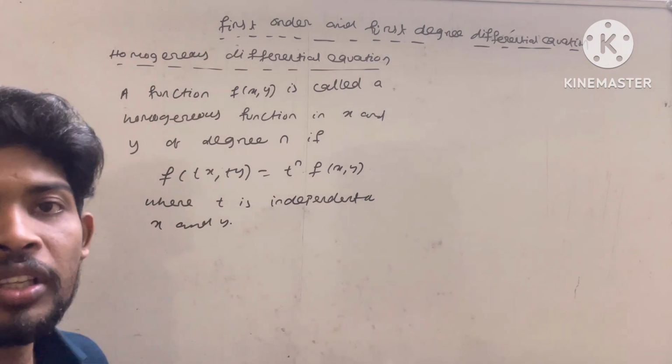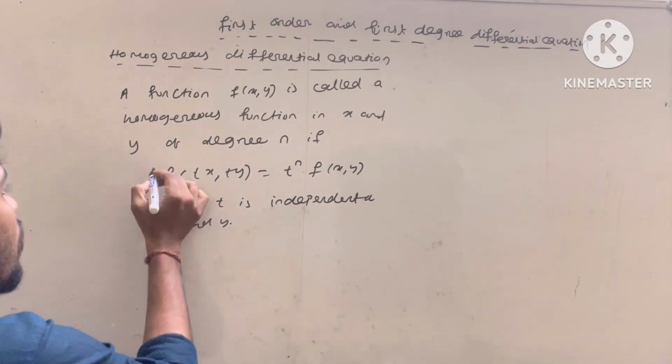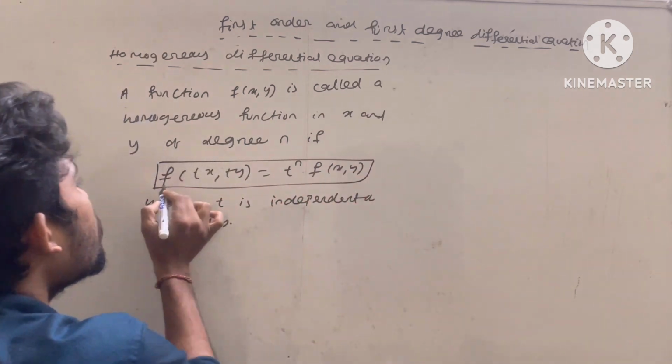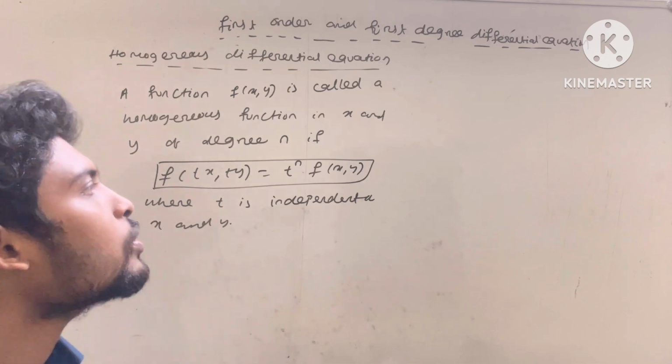Okay, the definition is quite simple. A function is homogeneous if f(tx,ty) is equal to t^n f(x,y), and the power of t is the degree of the homogeneous function.